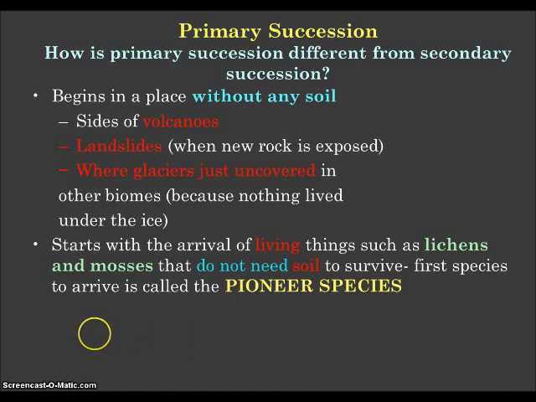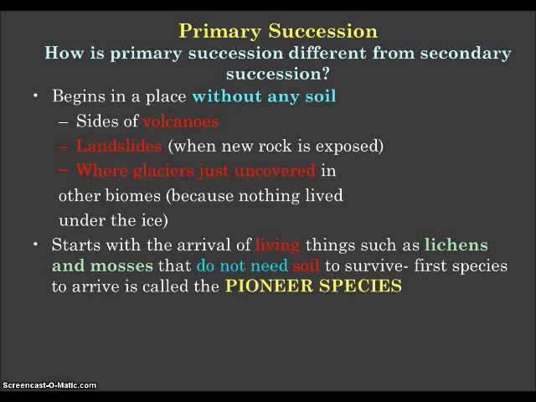It starts with the arrival of living things such as lichens and mosses that do not need soil to survive. There isn't any soil there, so those are the things that grow. And the first species, or the first living things to arrive, we call that the pioneer species. Think about the pioneers, who were the first ones to go live out on the prairie.